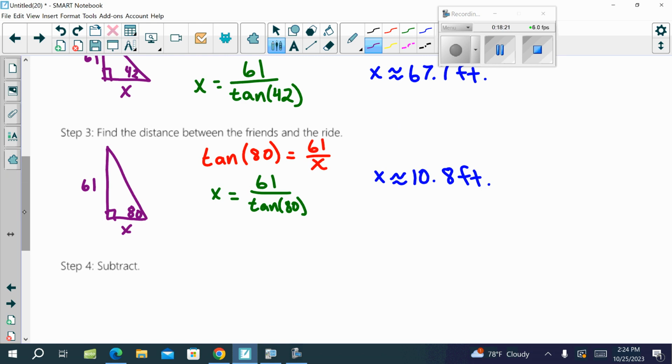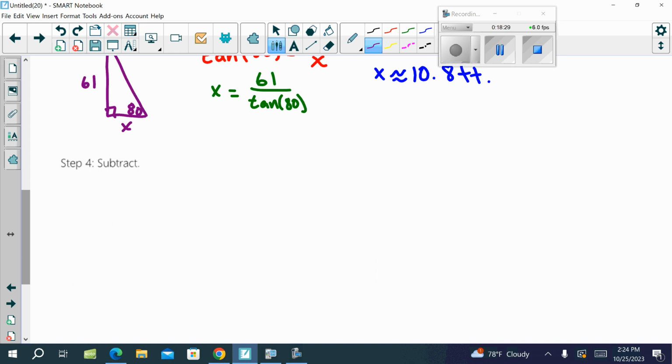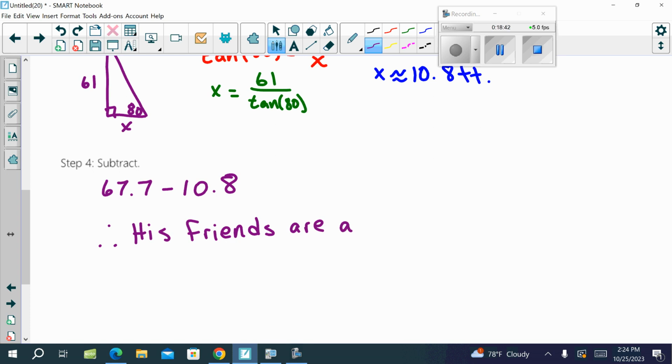The very beginning of the problem asked you to find how far his friends were from the entrance, correct? So what would we have to do, step 4? Subtract the two. So 67.7 minus 10.8. So therefore, his friends are about how much? 56.9 feet from the entrance.